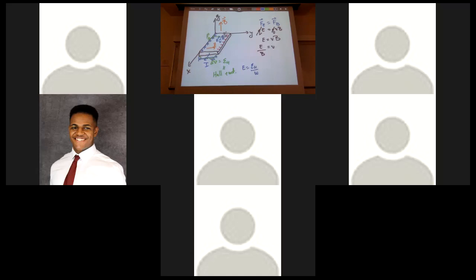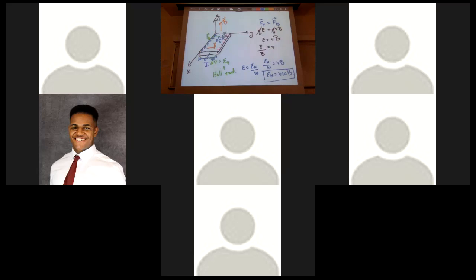So from here, I can rewrite this as the Hall EMF divided by the width is equal to the velocity times the external magnetic field, which means the Hall EMF is equal to the velocity times the width times the external magnetic field. This is what's called the Hall EMF. What's interesting here is that by simply applying an external magnetic field, we create an electric field and a potential, and we can measure that potential.